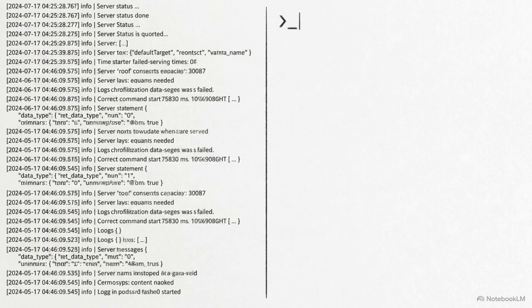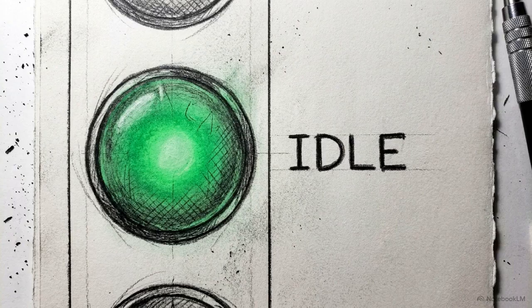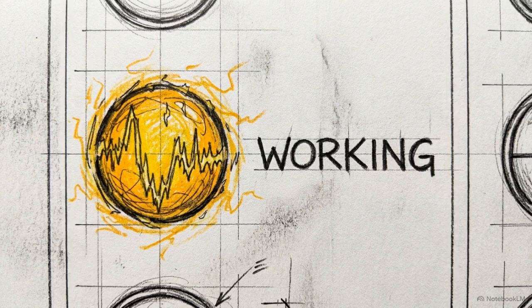Let's test that integration. Use your shortcut to split the window and launch your coding agent in the right-hand pane. Look at the semantic sidebar. While the agent waits for your natural language prompt, it displays a glowing green idle status. Provide it with a complex instruction, like refactoring a module. The moment it begins computing, the state machine instantly snaps to a yellow working status.